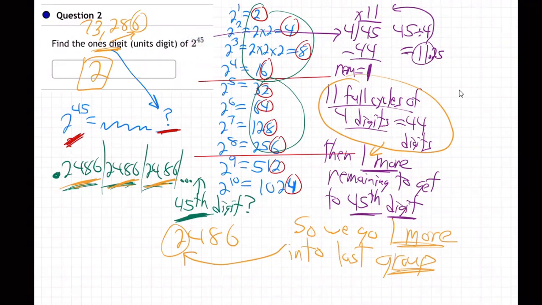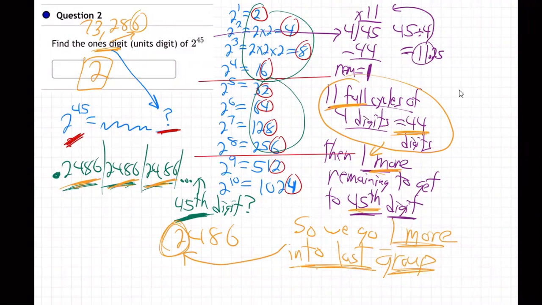We can see it by the pattern. 2, 4, 8, 6 forever. We know there's 11 full cycles of that, which is 44. And then 1 more to hit the 45th digit, go 1 more into the last group, it's got to be a 2. So it's exactly like the repeating decimal stuff we did before. It's that idea of a repeating cycle.